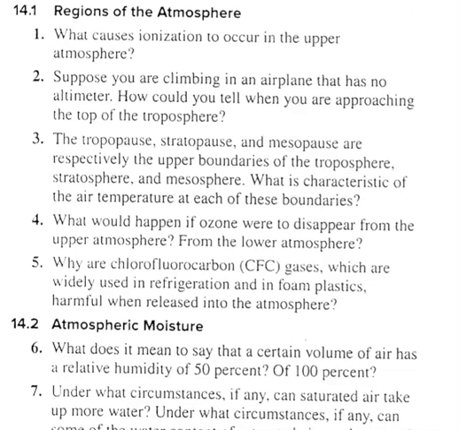Number four, what would happen if ozone were to disappear from the upper atmosphere, or from the lower atmosphere? This is an excellent question. The ozone is definitely needed in the upper atmosphere, and the part of the atmosphere where it's located is the stratosphere.